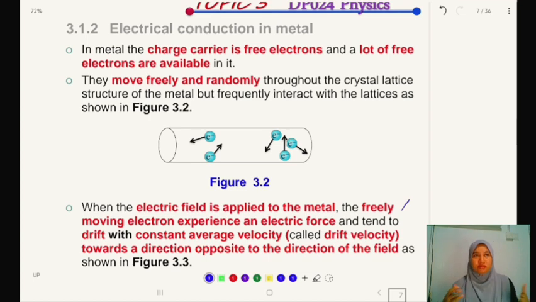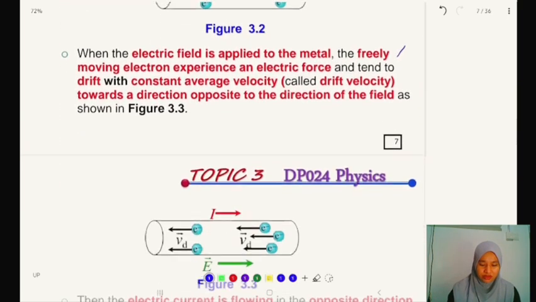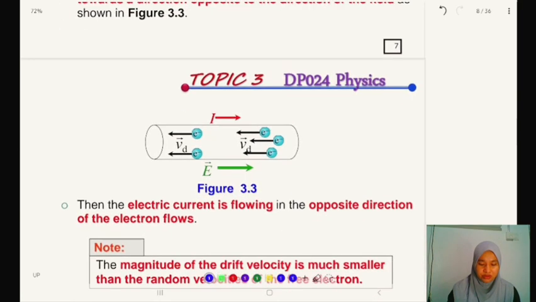Drift means moving along faster. The drift velocity is towards the direction opposite to the direction of the field, as shown in figure 3.3. In this figure 3.3, the green one is the electric field, and the I in red is the electric current. The drift direction is the same as the direction of the free electrons, so it is opposite to the electric field.